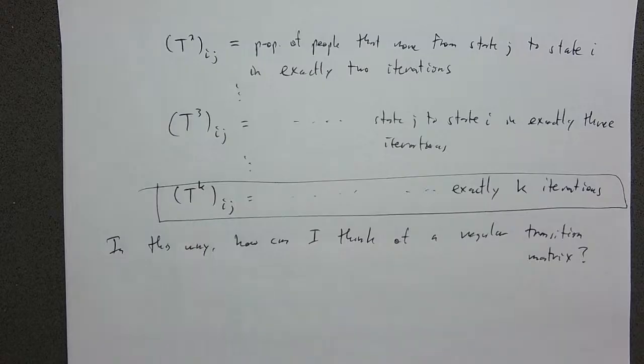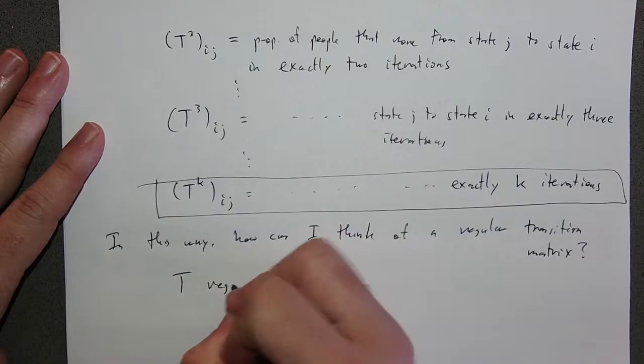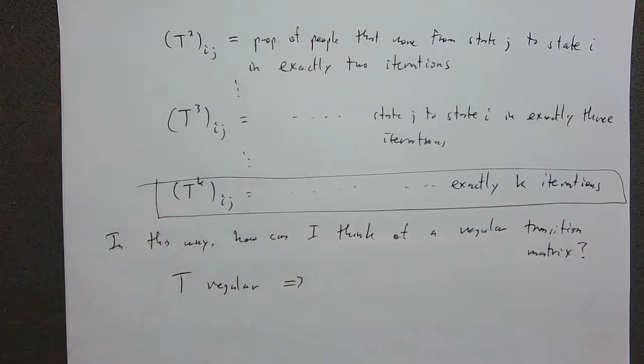If we know that the powers T to the k are kind of the central object of study in this whole analysis, and I know that the entries of T to the k are laid out like this, then the fact that T is regular means that there exists some k where every entry is non-zero, which means there exists a k for which it can be said that in exactly k iterations, some people move from every state to every other state.